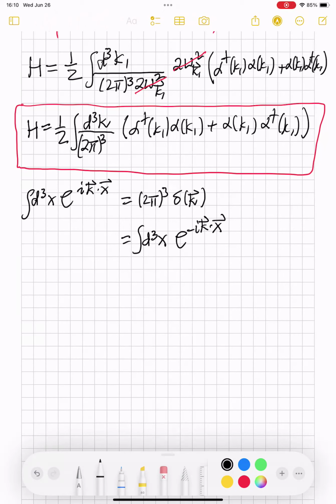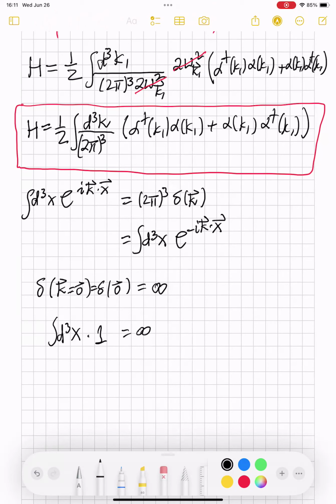It should look very sensible to you. You see, remember that delta, when k is equal to 0, so delta of naught, well, this we know is infinity. But if you stick in k equal to 0, well, you're integrating the integral d3x of 1, and that's obviously infinite.